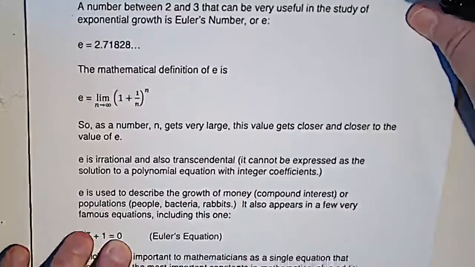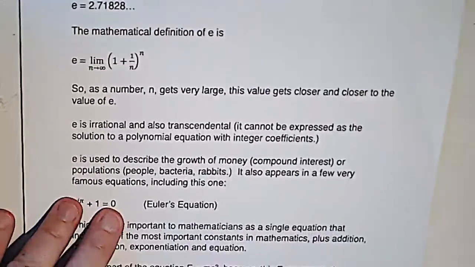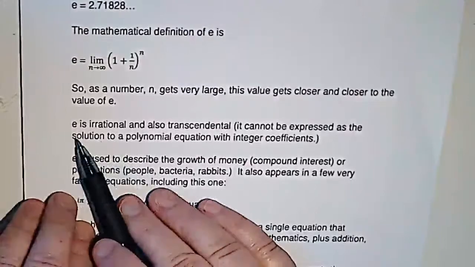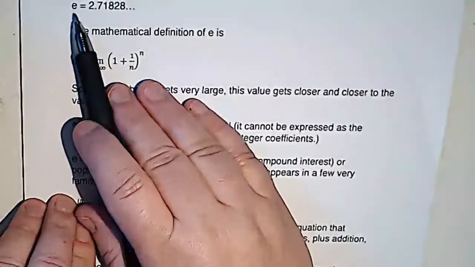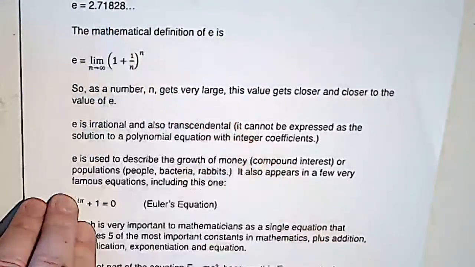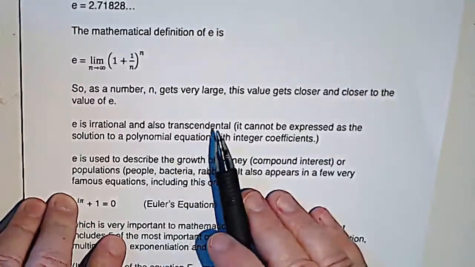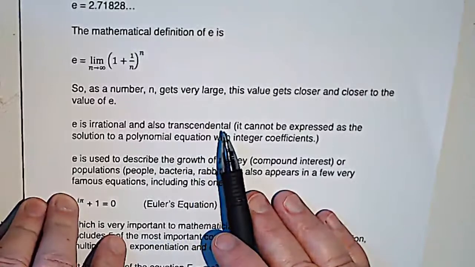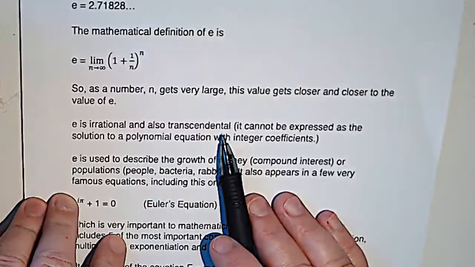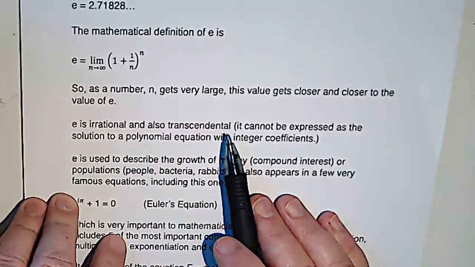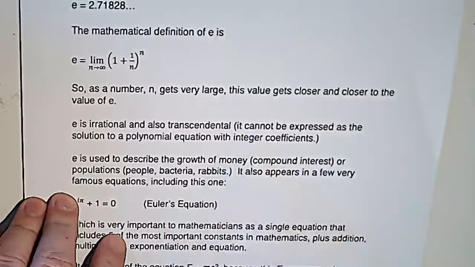Okay. So what's special about e? What's the big deal? Well, it is irrational. That's why we named it e instead of having to write 2.71828, some other stuff. It's also transcendental, which is one of my favorite things. So basically, most numbers can be expressed as a solution to an equation.